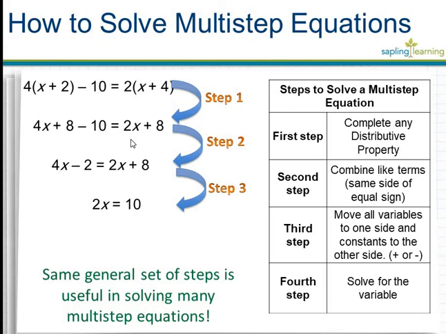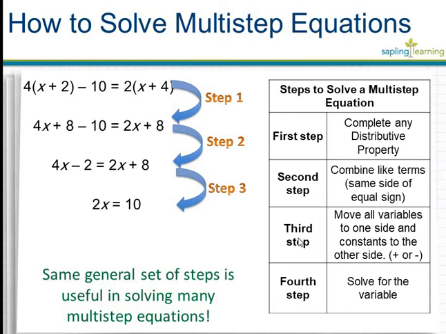How is that done? By making the inverse operation, to keep the x variables on one side and all of the terms that have constants or numbers on the other side.